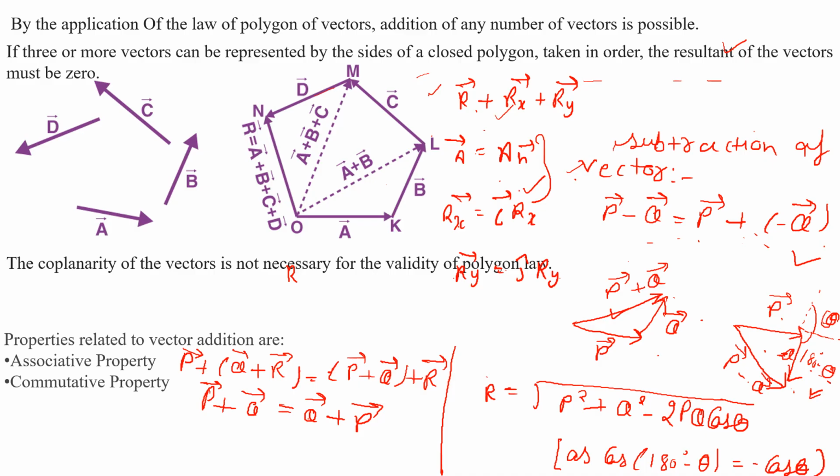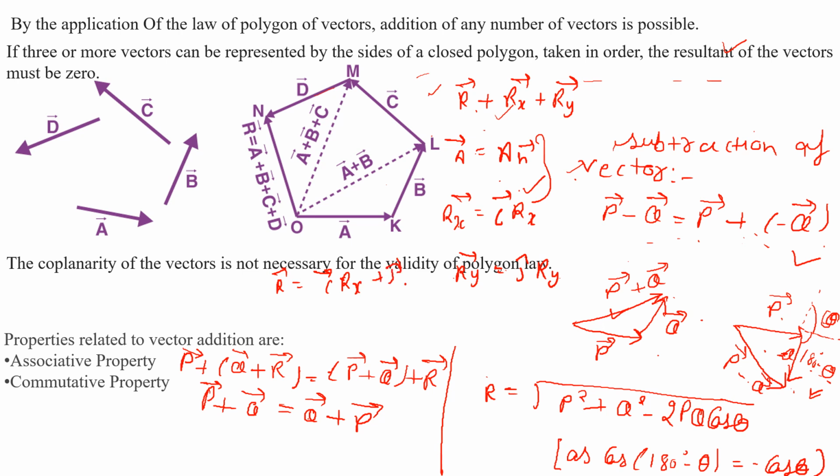So when we put this in the resultant formula, we get root of p square plus q square minus 2 p q cos of theta.